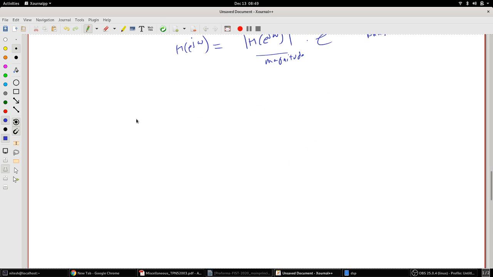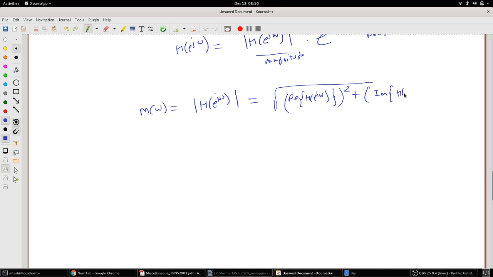Now the magnitude M of omega is given as magnitude of H of e raised to j omega, which is the square root of the real part of H of e raised to j omega the whole squared plus the imaginary part of H of e raised to j omega the whole squared.